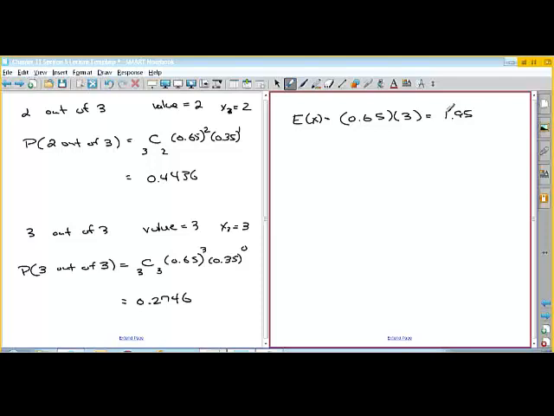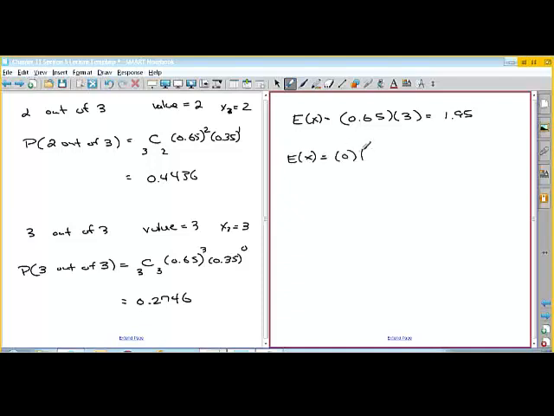The expected value doesn't have to be an integer, even though in reality it has to be an integer because he can only shoot an integer number of free throws. That just means on average he's going to make a little less than 2 out of 3 on average. So that's one way. The other way is to use this probability formula.